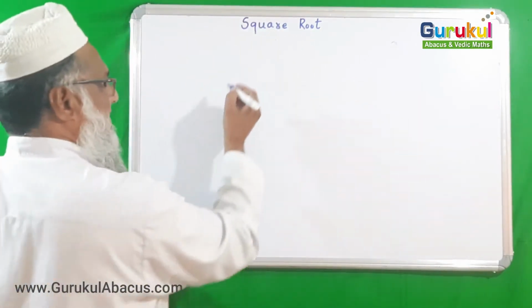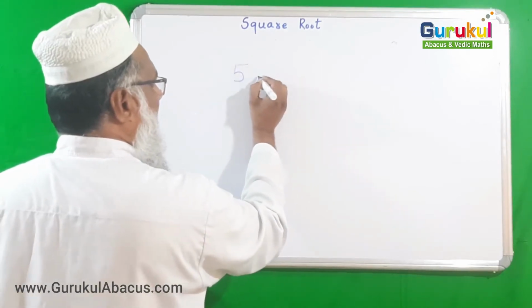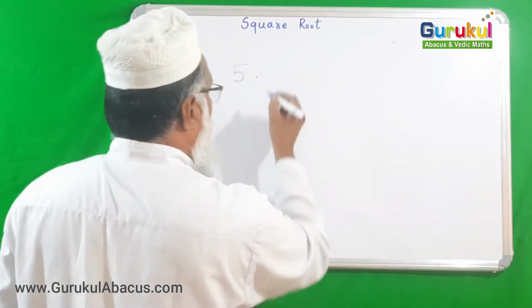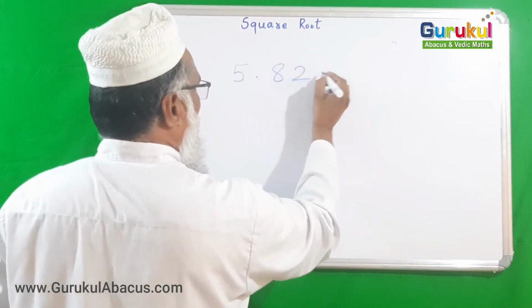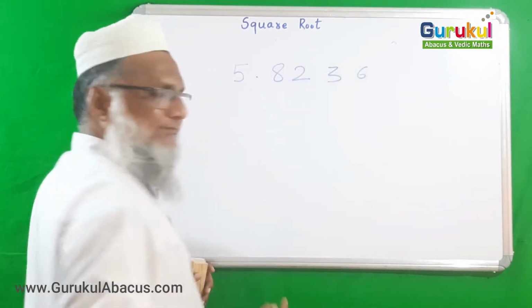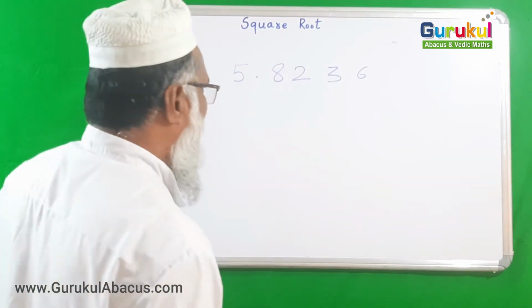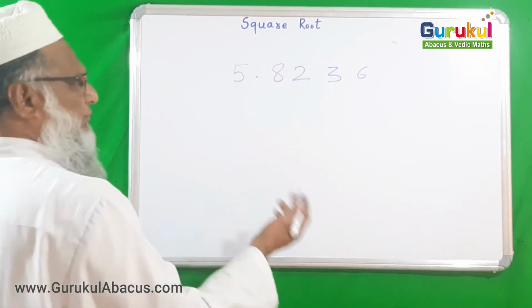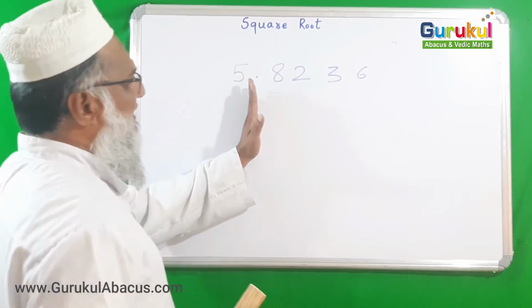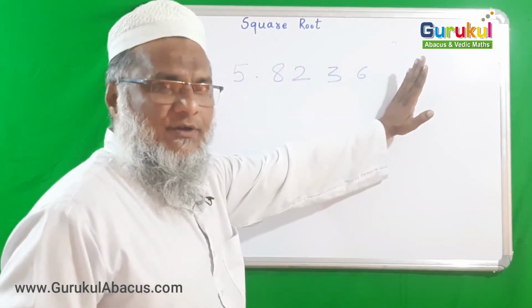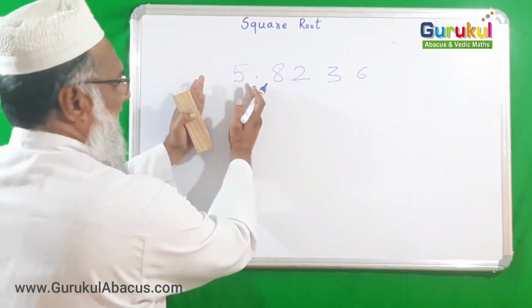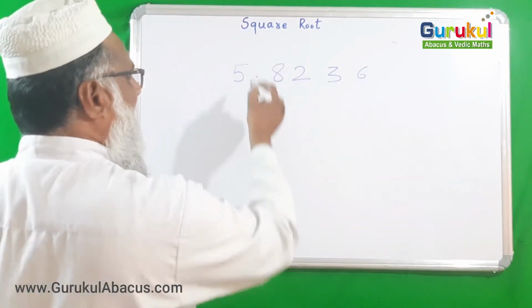Now the example is 5.8236. So for making pairs, one thing only: ignore firstly what is after the decimal point. So you have only 5, and so you are making a pair of 5 only.